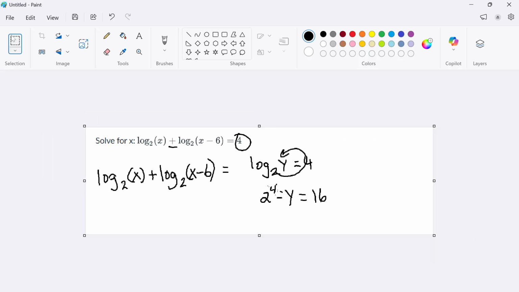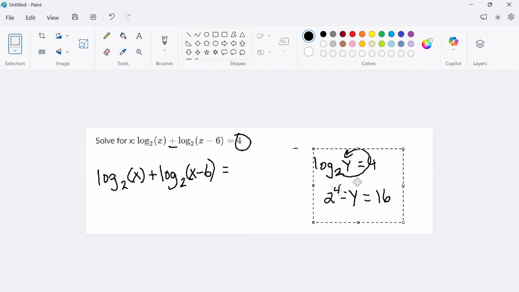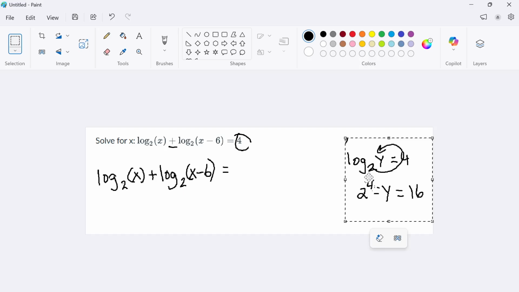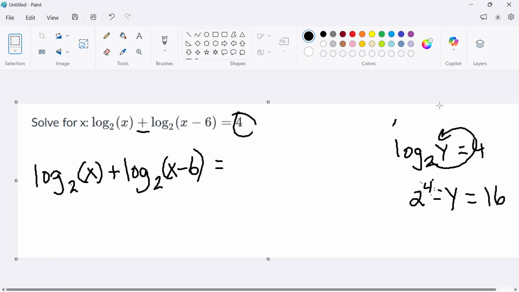I need room. This is why I like doing things on a computer, because I can manipulate, if I do it right. Okay, I kept hitting the mouse button at the wrong time.